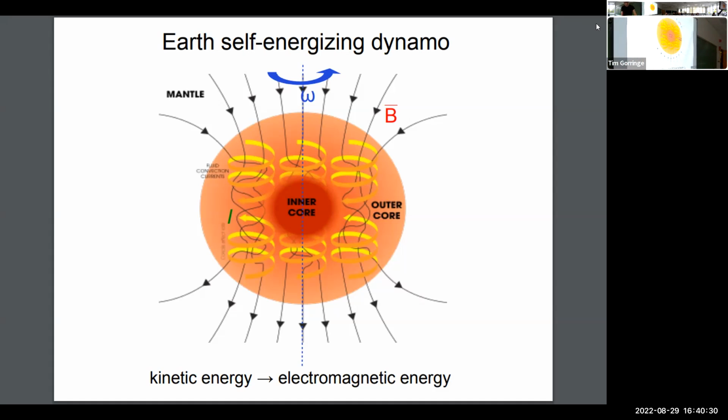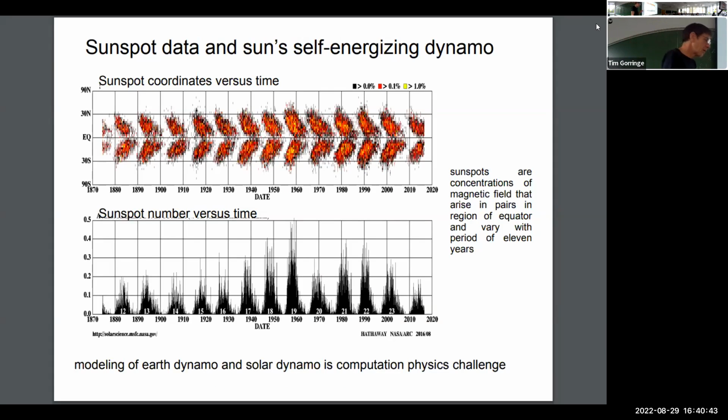Okay, so that's just a little bit of introduction. I wanted to say that because on one hand, the fact that the Earth has a magnetic field, or the sun has a magnetic field, has a kind of simple explanation.